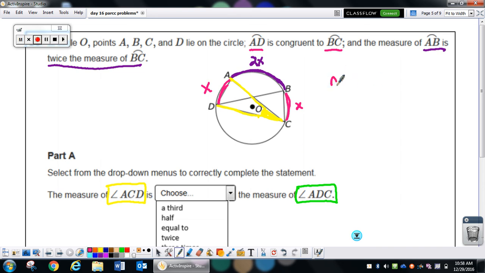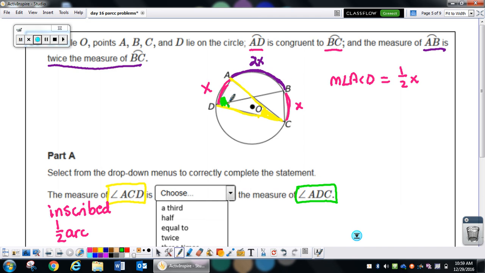So it's inscribed, which means its vertex is on the circle, and it's going to be half the arc. So you want to find the arc that it makes. So angle ACD's arc happens to be x, so the measure of the angle is going to be 1/2 x. And now we're going to find the measure of angle ADC.